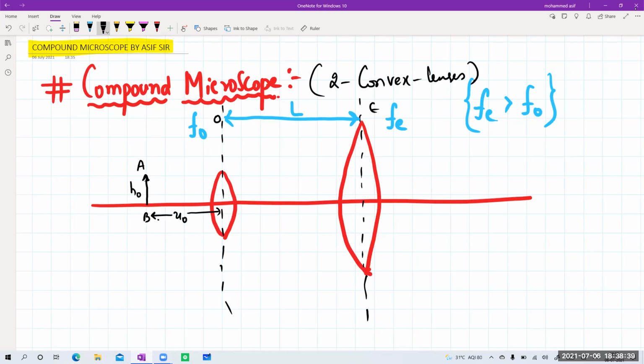Now, talking about the ray diagram for this one, one ray of light will be incident on this one like this. Another ray of light, if I take it, the image will be formed somewhere in between them. So this is the image formation.